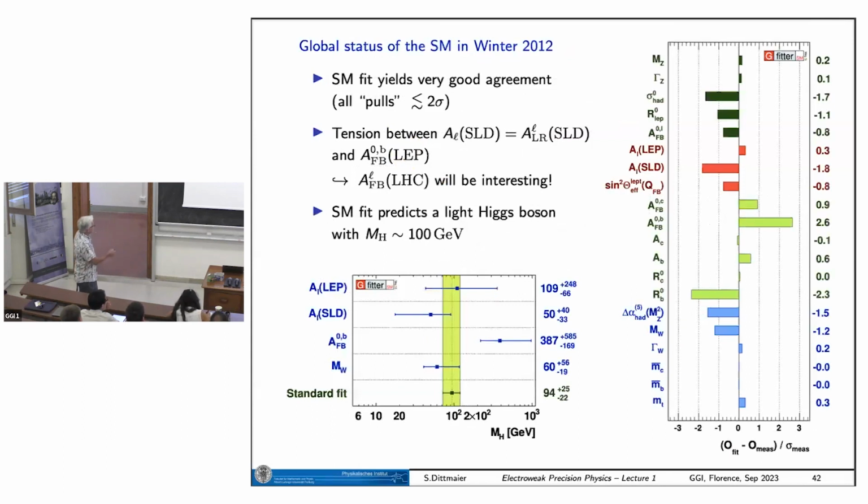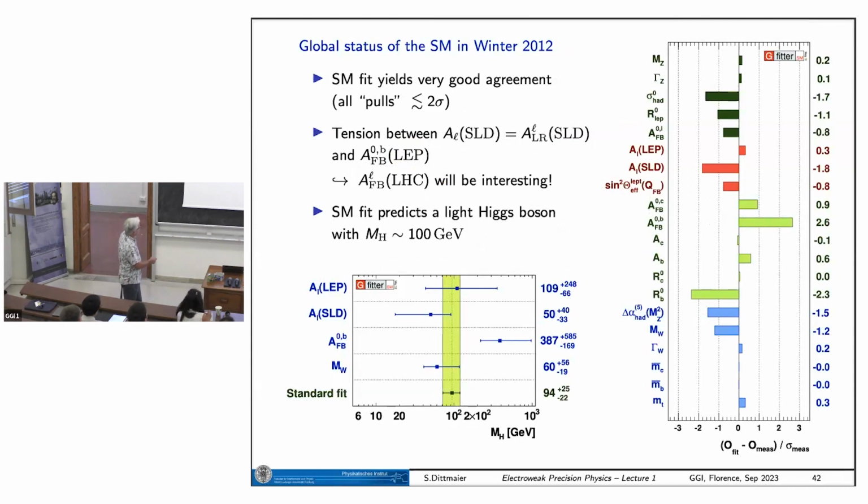So the global status before the Higgs discovery is visualized here in this cartoon. You see again here these asymmetries and the W boson mass from muon decay over a range in Higgs boson mass.